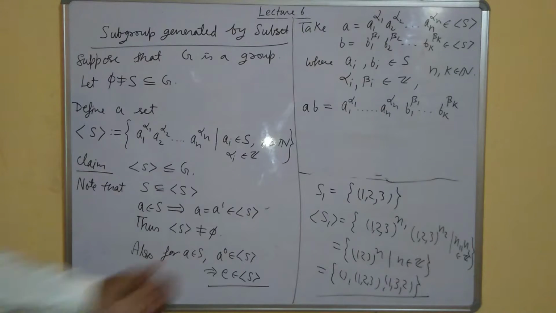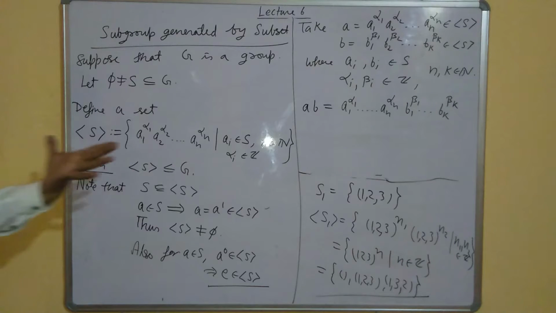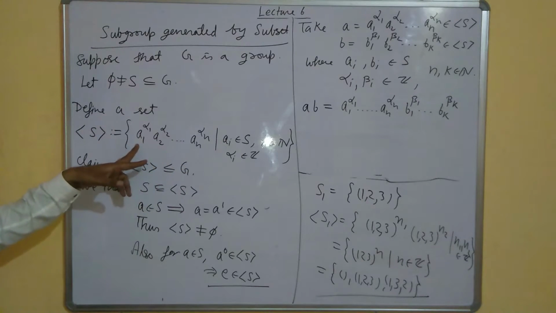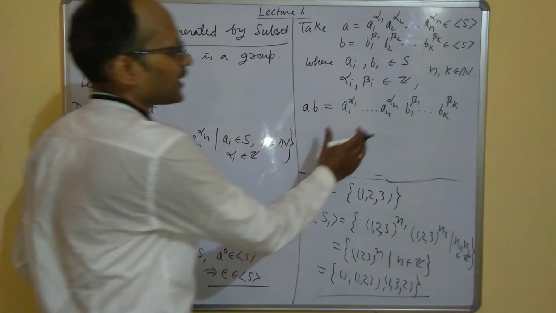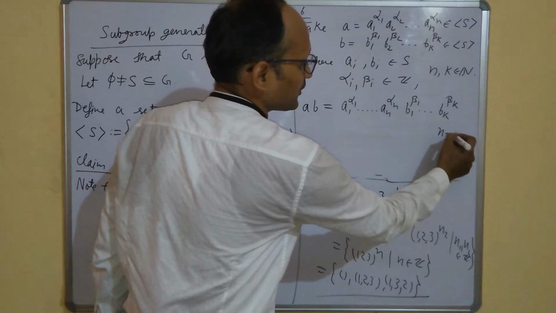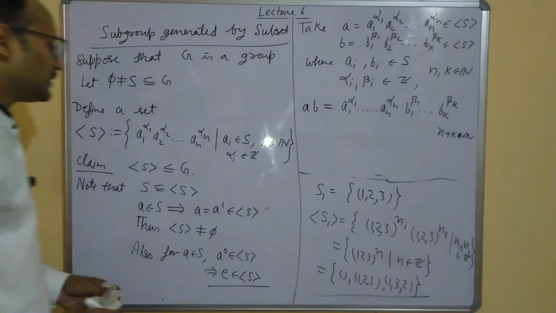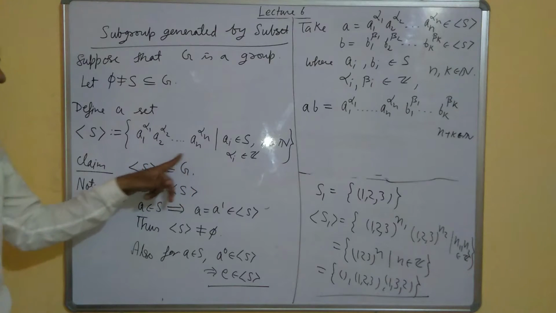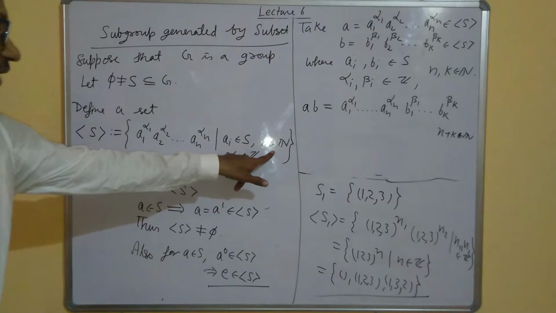Now the question is whether this element belongs to this set or not. I am saying that this set consists of all the elements of this form, where n is a natural number. So here there are n elements and then k elements, so n plus k is a natural number. This is the set of all finite products. Finite why? Because these are n in number, and n is also varying.